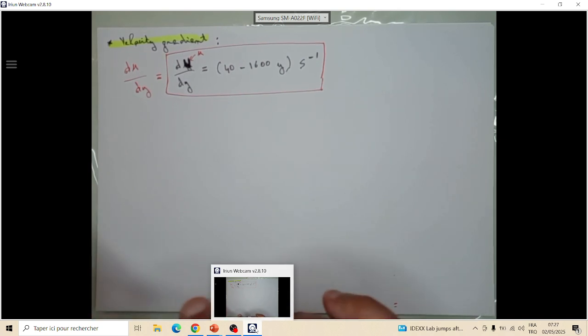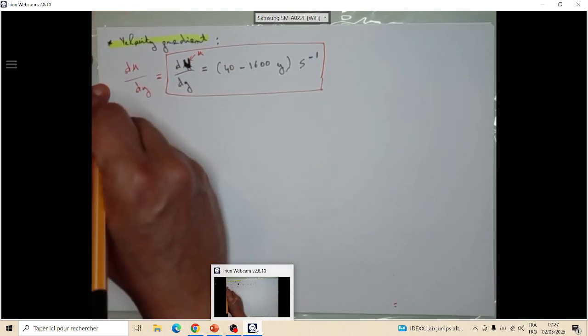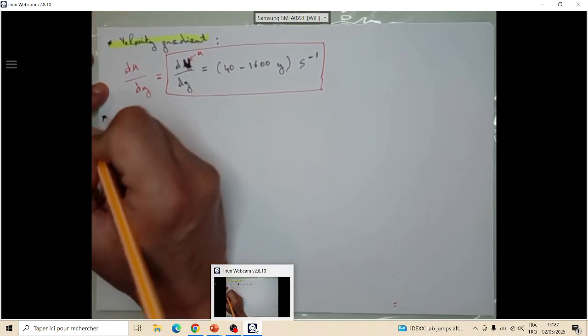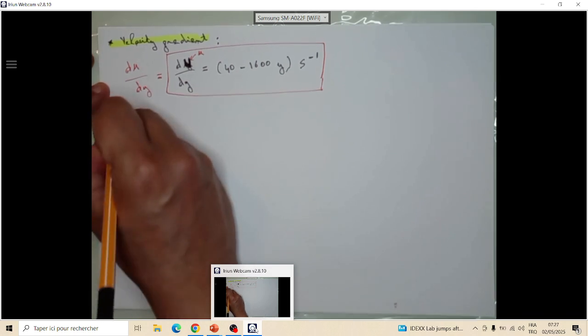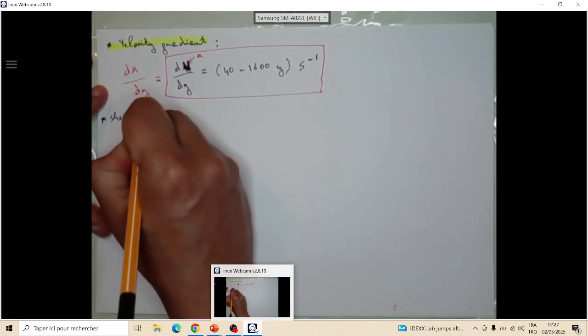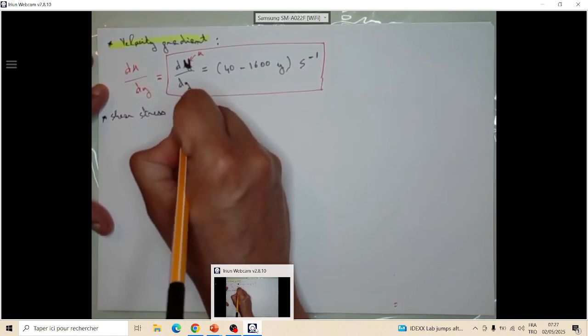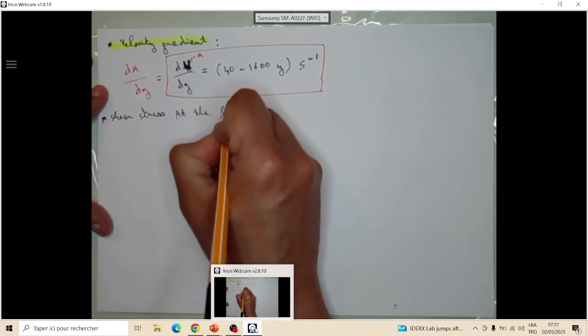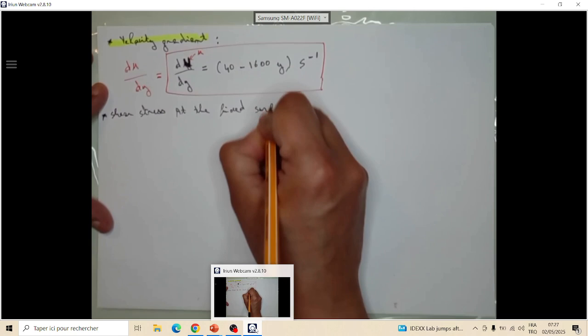So for example, shear stress at the fixed surface.